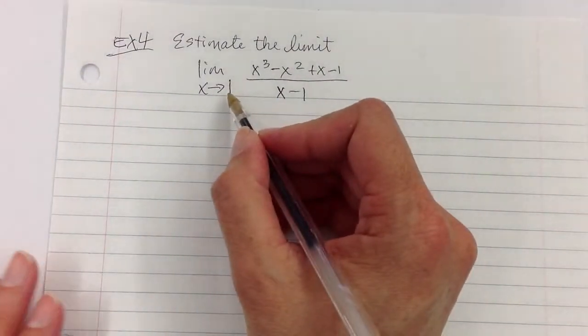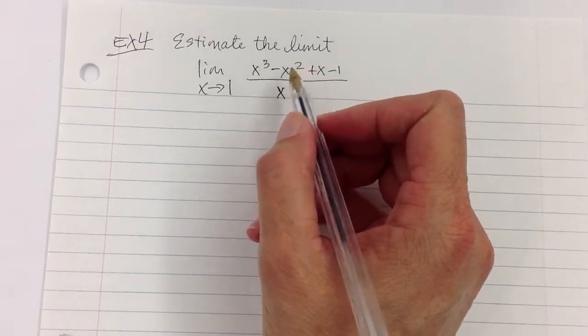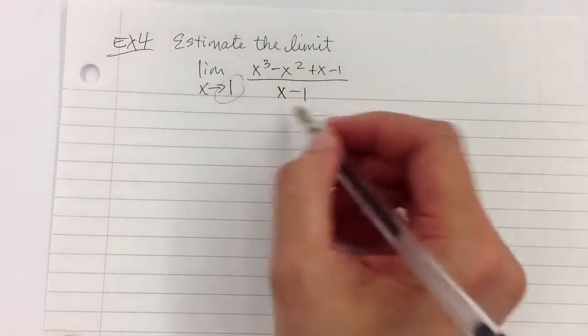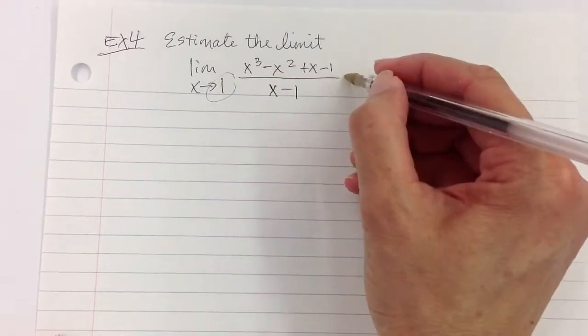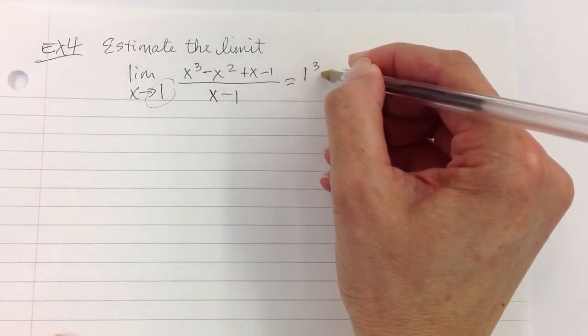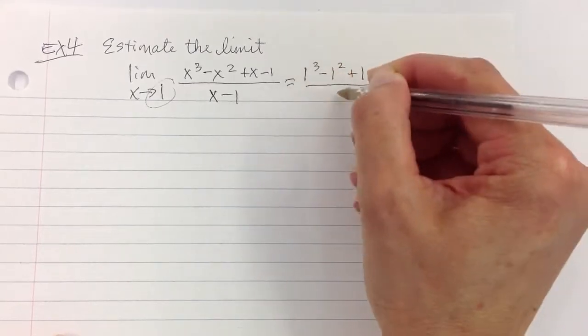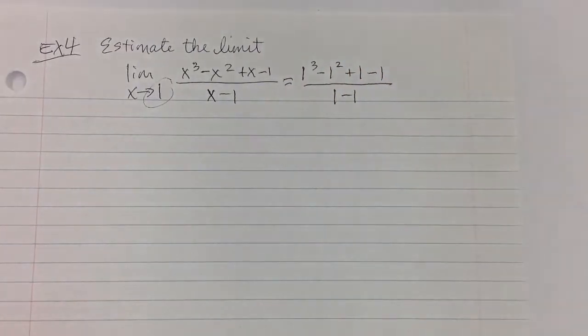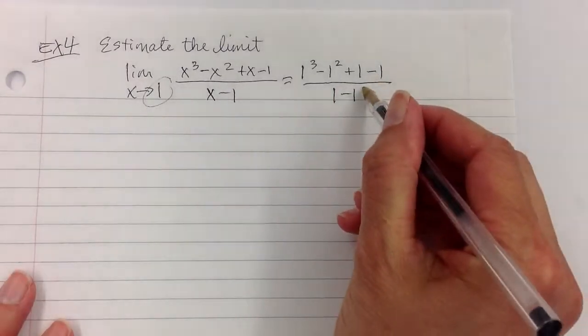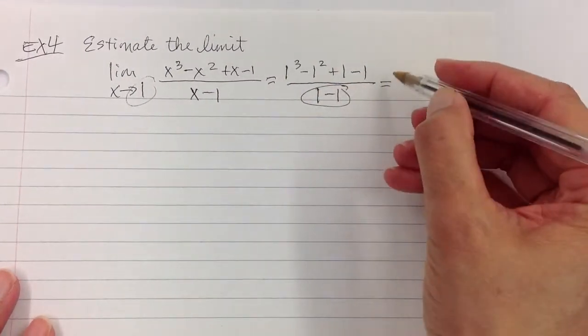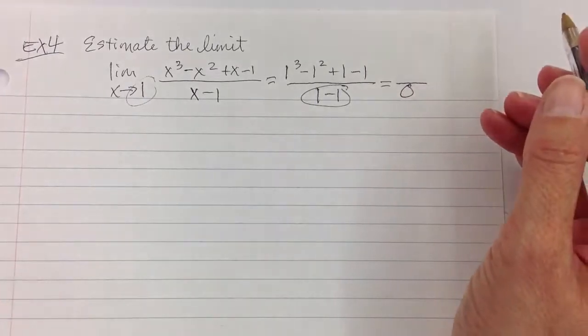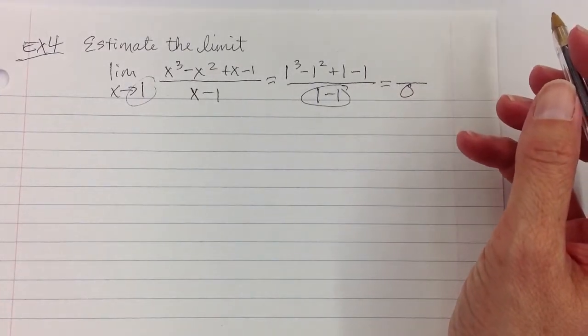So what we do first is see if we can just plug it in and find our limit. So we're going to plug in 1 into all these x's and see what we get. We're going to get 1 cubed minus 1 squared plus 1 minus 1, all over 1 minus 1. I already see a problem in the denominator, because 1 minus 1 gives 0 in the denominator, which means it's going to be undefined.